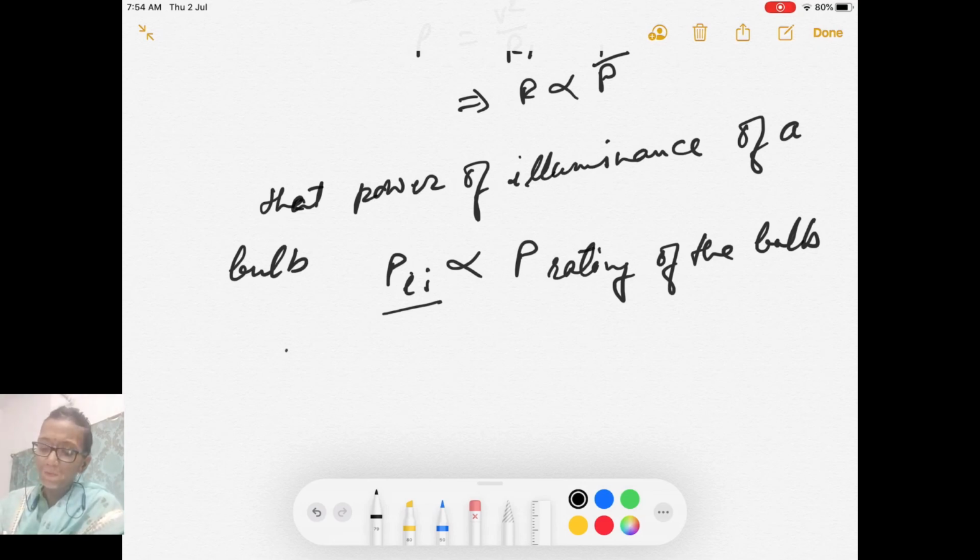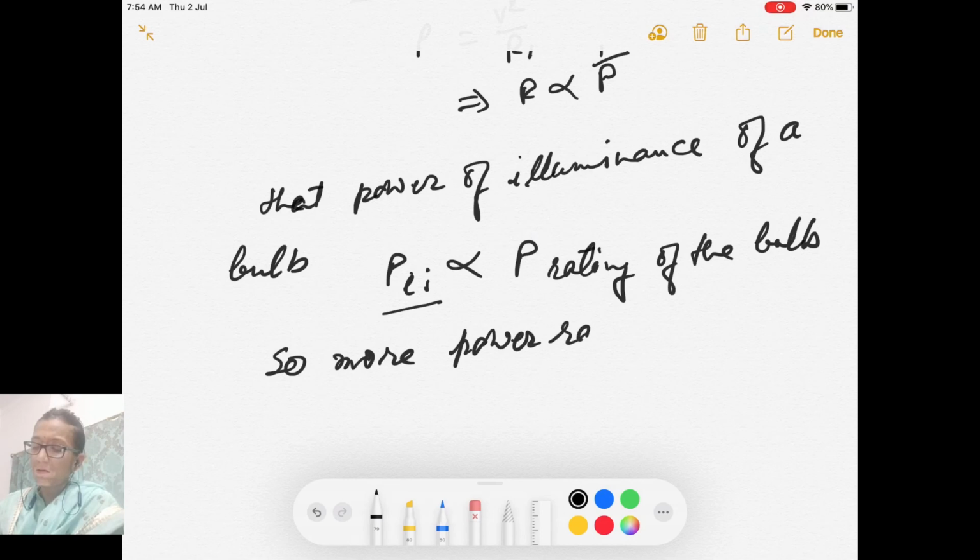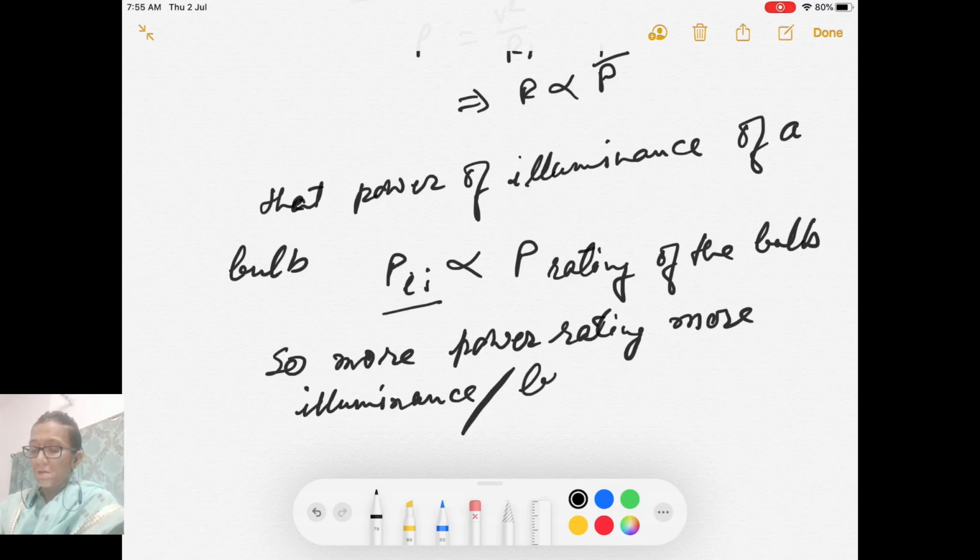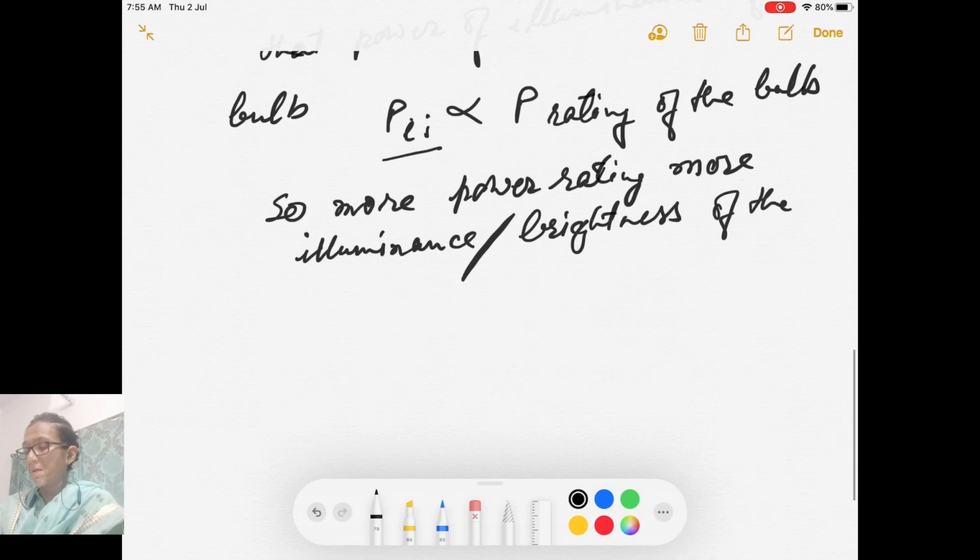So more power rating, more illuminance, more brightness of the bulb in parallel.